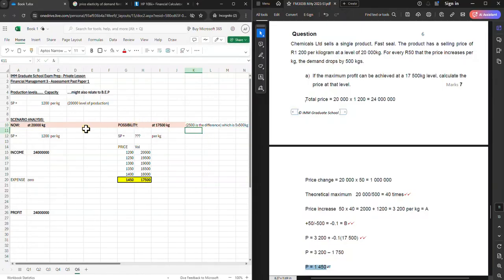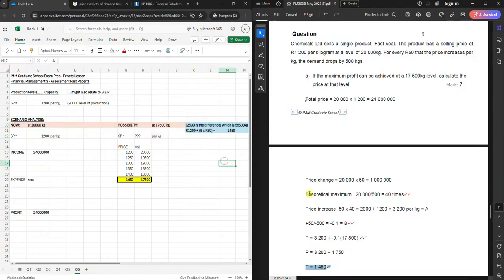So if the actual output decreases by 5 times, the price would have increased by 5 times. Do you agree? Yeah, you said 5 times 50. Exactly. So I would have said this plus 5 times 50. That's what I would have done. Same answer. So yeah, you're spoiled for choice here. You can decide which way you want to do it.